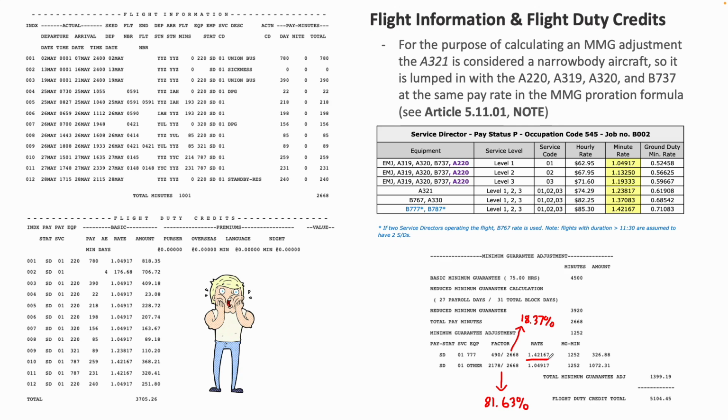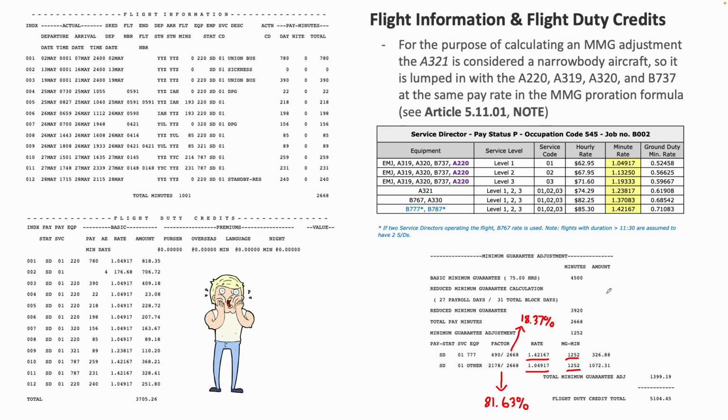The rates for each we've discussed already, so those are already there ready to be used. And then the last part would be the number of minutes that we have to get paid in our top up. And this is where having the percentage is key. So we have 1,252 minutes. We don't pay all of those minutes at the 787 777 rate. We also don't pay all those minutes at the narrow body rate in this case.